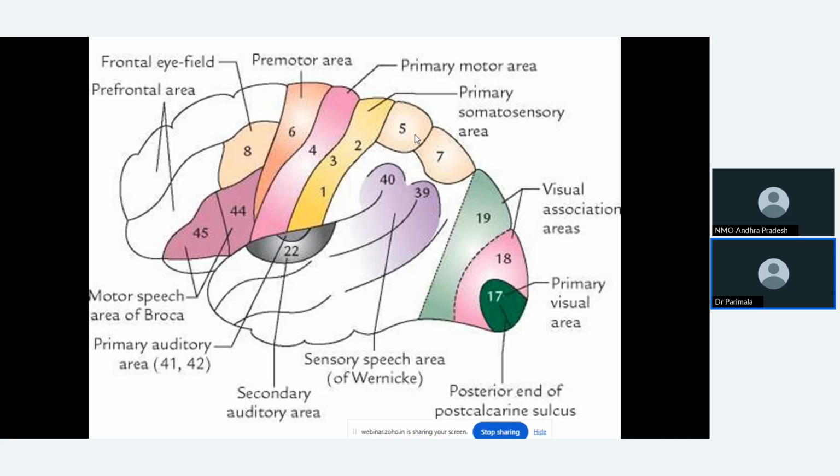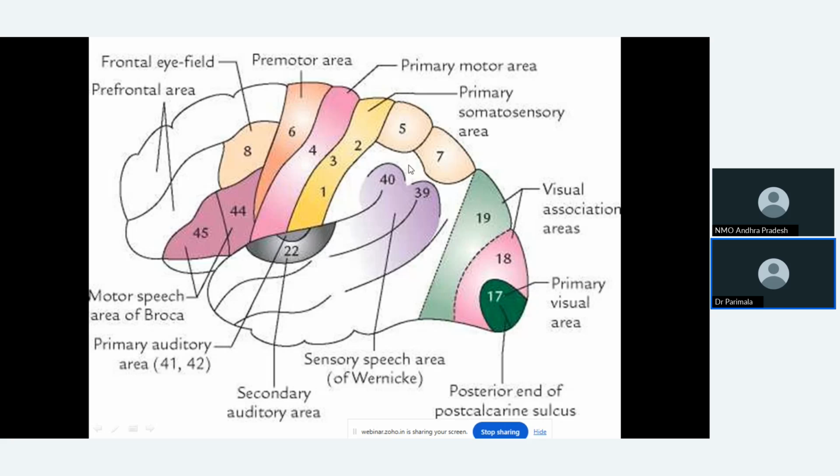So interpretation of the touch, identification of the touch, memorizing the touch, all these are functions of the sensory association areas, that is 5 and 7. Area number 3, 1, 2 is the primary somatosensory area and 5 and 7 are called sensory association areas. 3, 1, 2, 5 and 7.